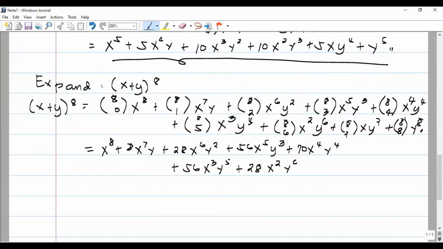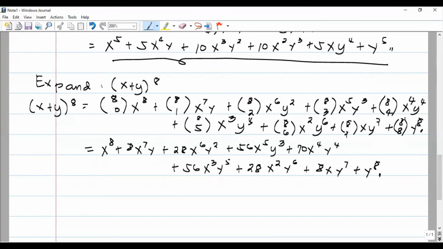Okay, plus the combination of 8 taken 7 at a time is 8 x y to the 7, plus the combination of 8 taken 8 at a time is 1 times y to the 8 is y to the 8. So that is our expanded form for the 8th power of x plus y.